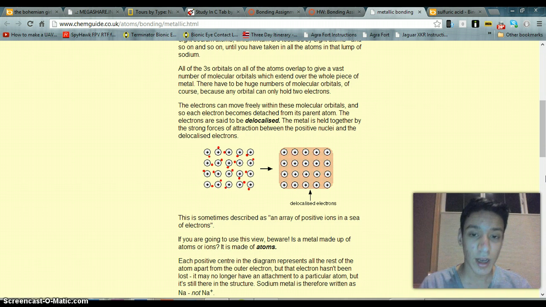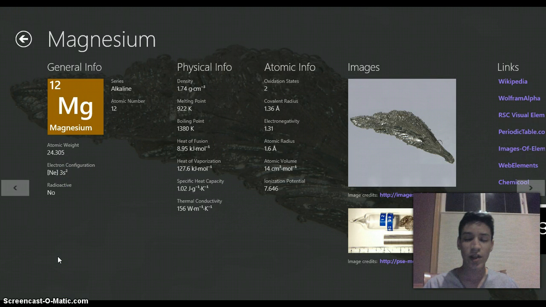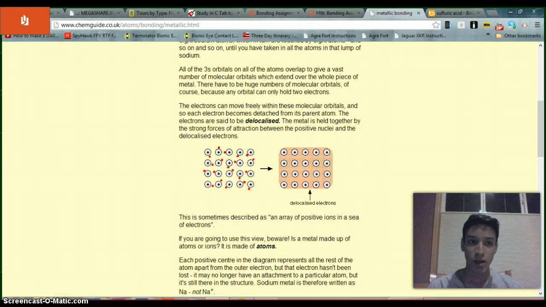Metallic bonding. For example, you can do this with any metal, but I'm going to use magnesium. If we look at the electron configuration, the orbitals, you should see it is 3s2, which means there are two electrons in the 3s orbital.